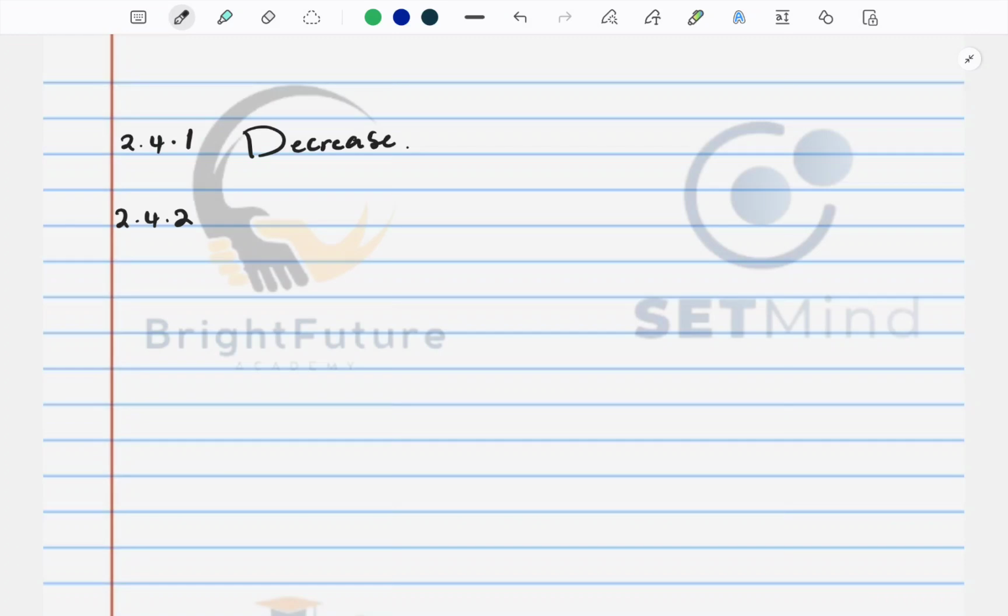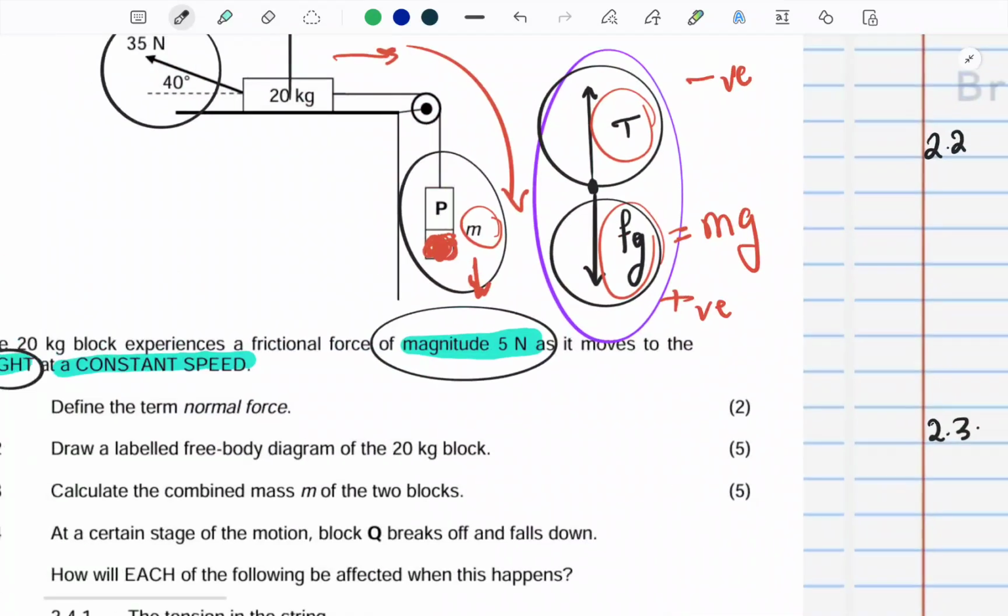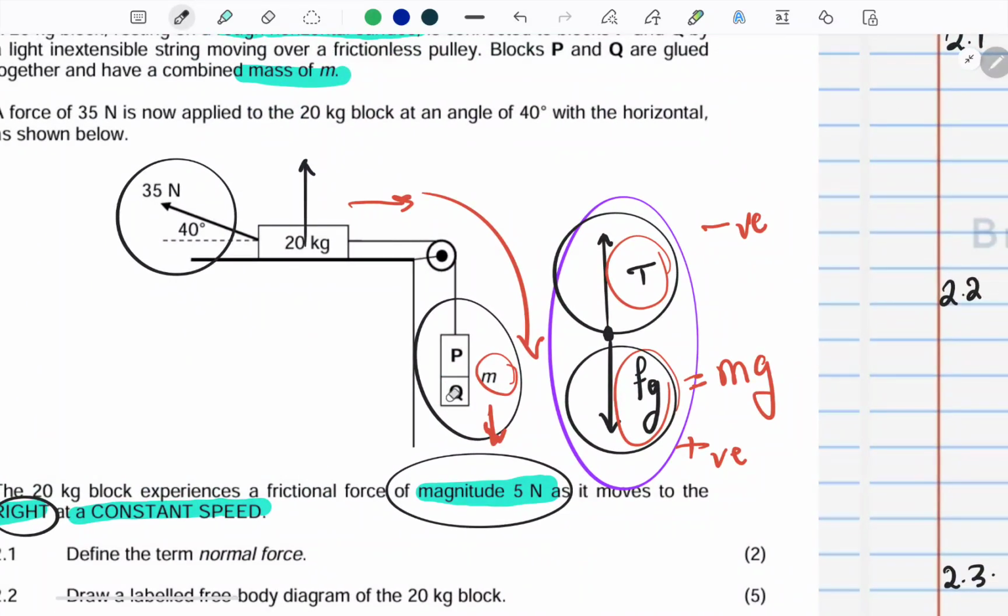Logically speaking, look at this. Say you had more force. This tells you how much force there is.